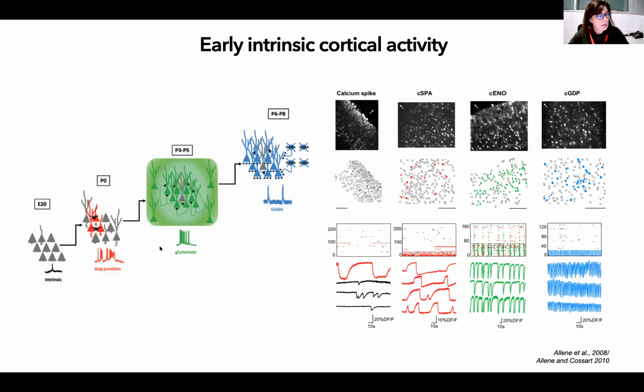And this evolves upon glutamate synaptic connectivity into cortical early network oscillations, here in green, that then evolve into GDPs, giant depolarizing potentials, upon the development of GABAergic hub neurons.